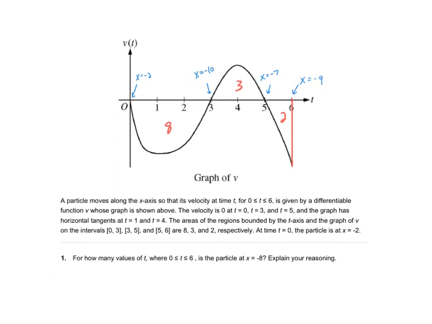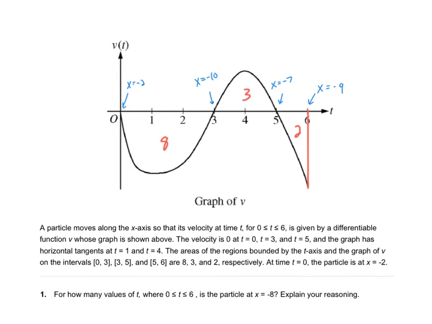Okay, and then this question wants to know, for how many values of t is the particle at x equals negative 8? We know it's at negative 2 here, and it's at negative 10 when t equals 3. At some point, by the intermediate value theorem, it has to equal negative 8.